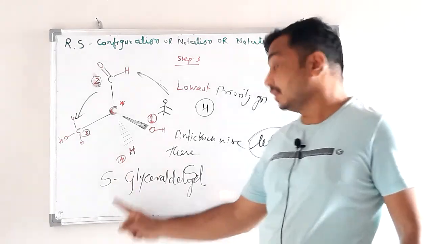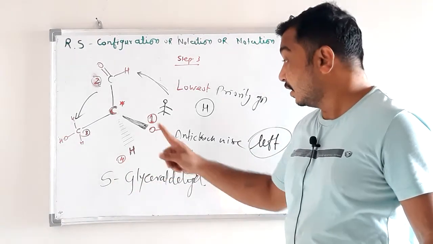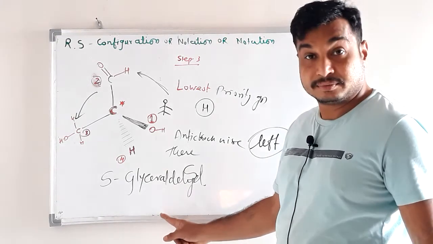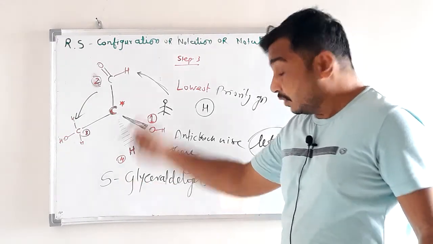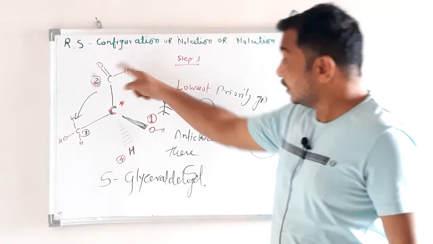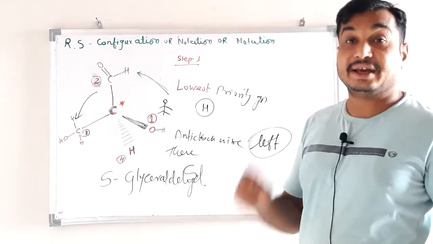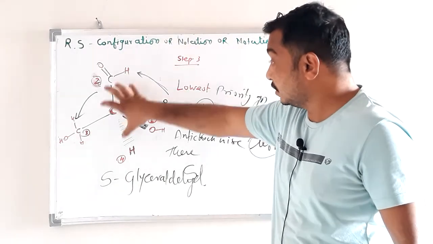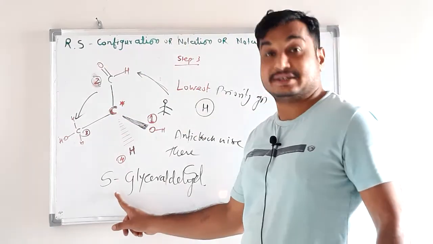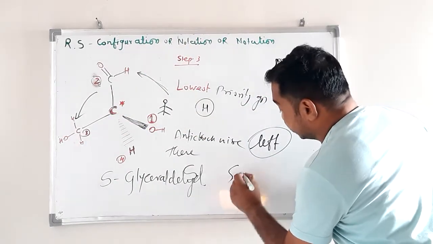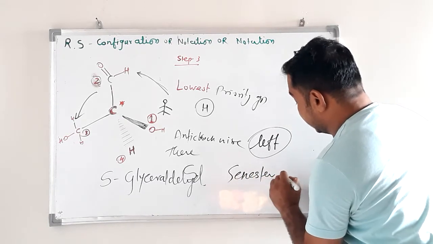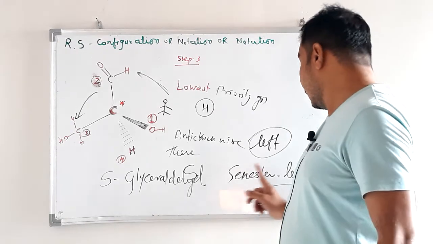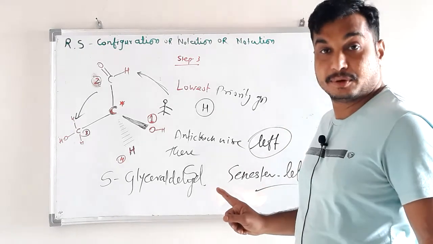It indicates the configuration of this compound. Okay, clear? When do we have to use S? If the rotation is anti-clockwise, then the configuration of this compound will be capital S. S means sinister. Sinister means left.